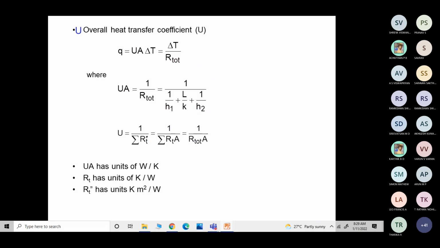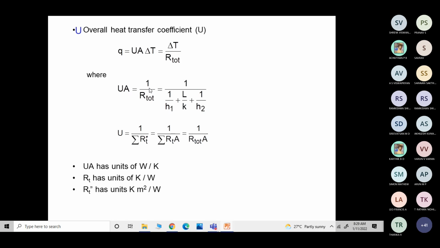So in normal devices we use the term overall heat transfer coefficient, Q equal to UA del T, where UA is nothing but 1 by R total, the inverse of the summation of all the resistances involving convection as well as conduction. So Q equals UA del T, or del T divided by R total.